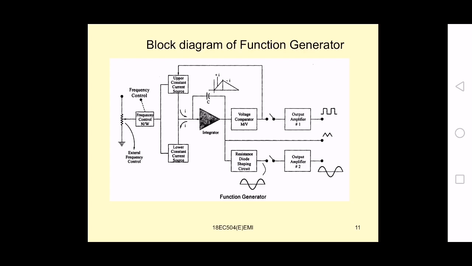If that switch is connected to this resistor, then you are going for external frequency control, or you can set it directly by the frequency control network. If it is connected to this one, then you are going to control internally. So either externally or internally you can control the frequency.